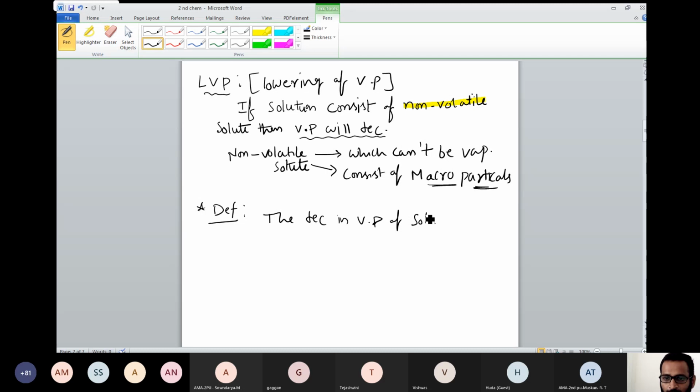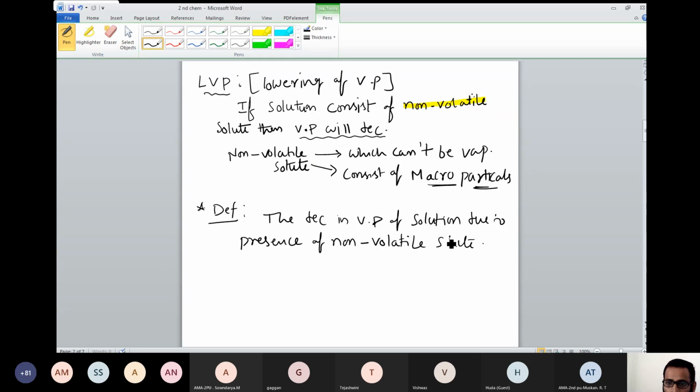The decrease in vapor pressure of a solution due to the presence of a non-volatile solute.